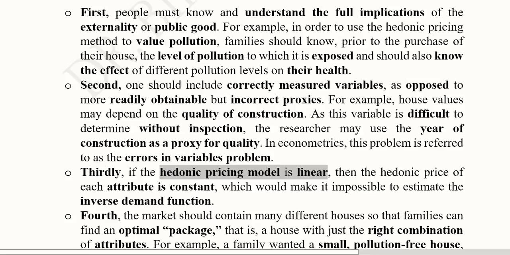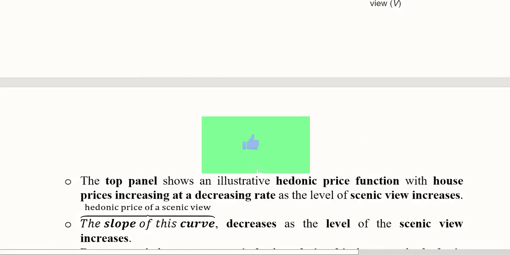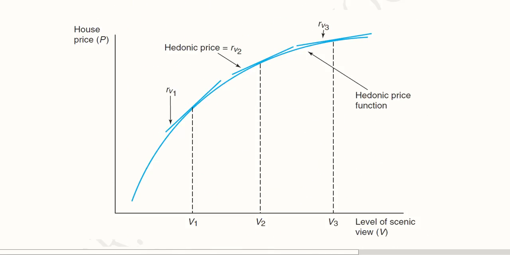Let us see with the help of this diagram. We saw that it had a positive slope and a decreasing rate. So the slope was having a certain trend, that is, initially it was high, then it reduced and further reduced.